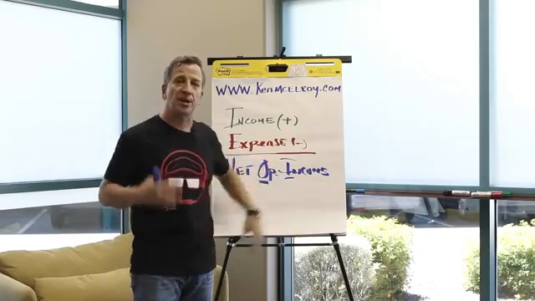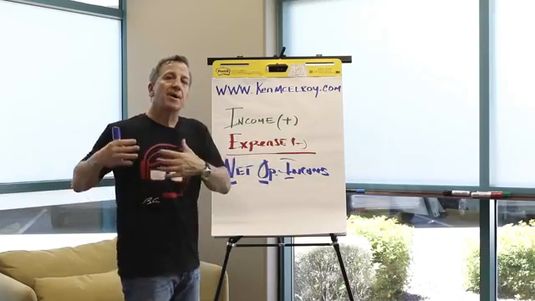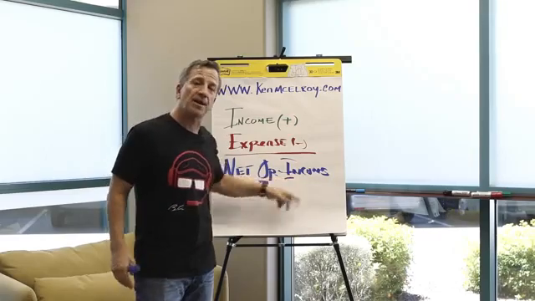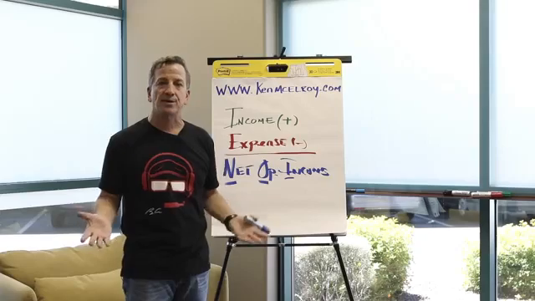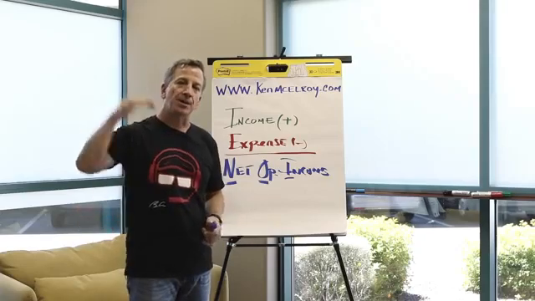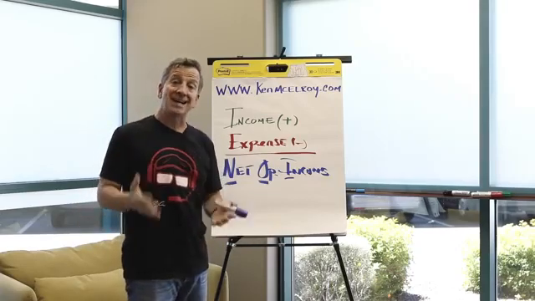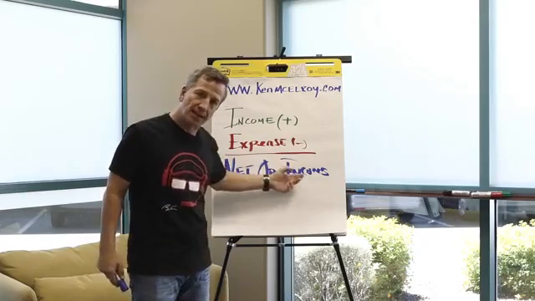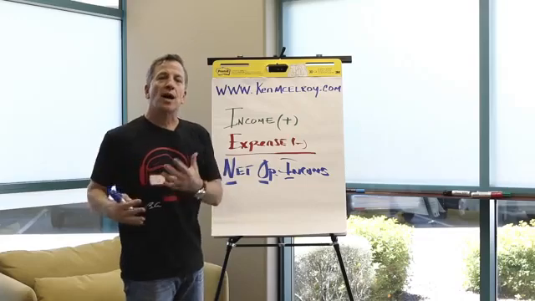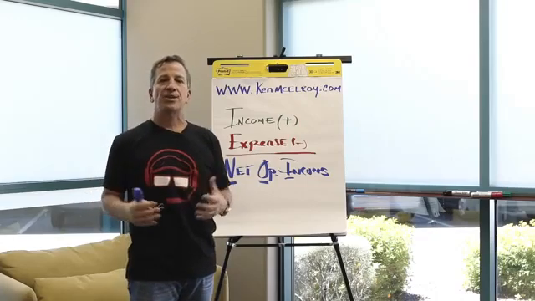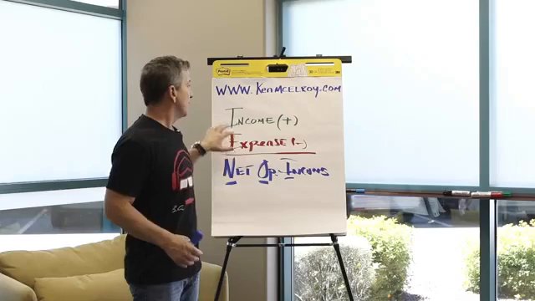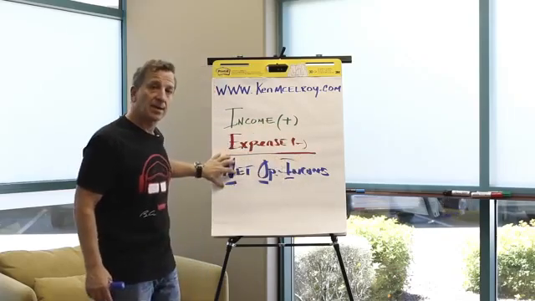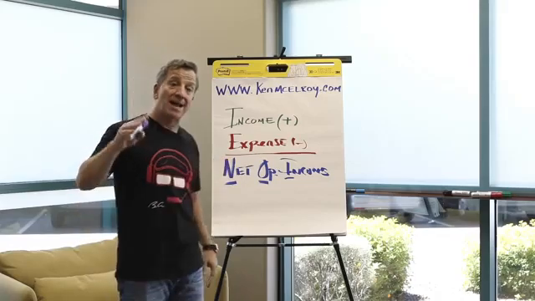If I have expenses of $100,000 a month and my income is $120,000 a month, then my net operating income is $20,000 a month. But if my occupancy drops down and it's $90,000 and my expenses are $100,000, then I have a negative net operating income. So that's why managing expenses and managing income is so important, because if you don't take care of these things, then this here will go up or down dramatically.